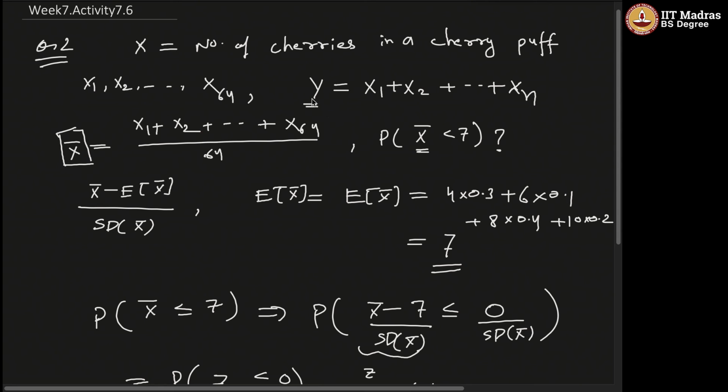So expectation of y will be n times expectation of x. So there are a few things you have to remember. Be careful while calculating the expectation of y and then the standard deviation of y. And apart from that, you can solve the rest of the things. So question number 3 and 4 can be solved in a similar manner.